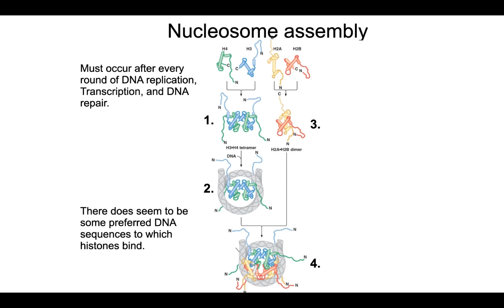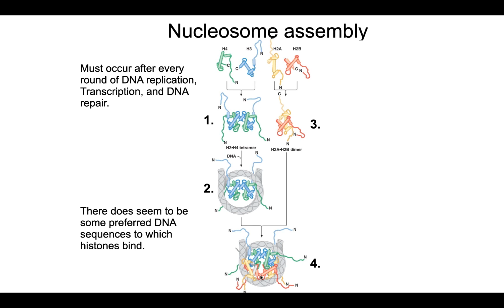Now let's get to a little bit of detail for nucleosome assembly. What happens here is we get one H3-H4 dimer that then interacts with another H3-H4 dimer, causing an H3-H4 tetramer. That's what the DNA winds around, and it then recruits two H2A-H2B dimers.